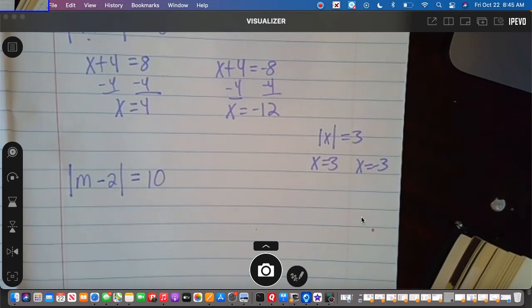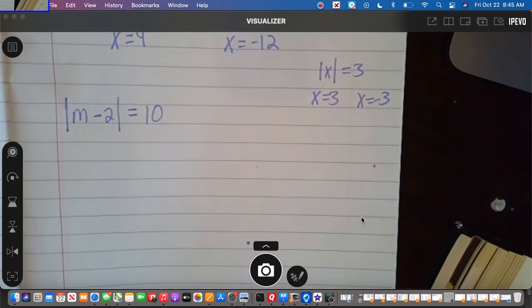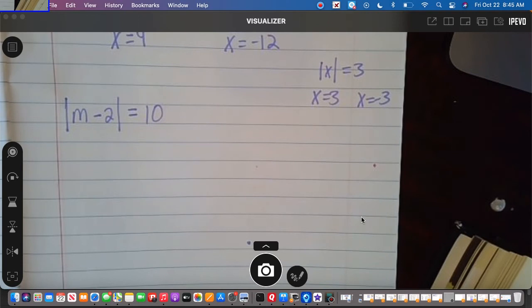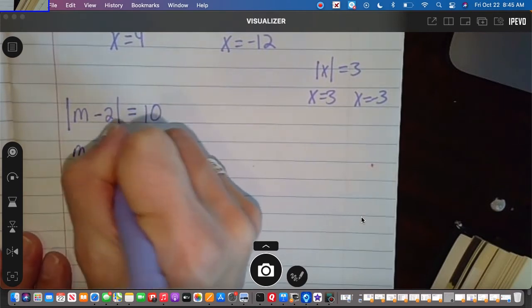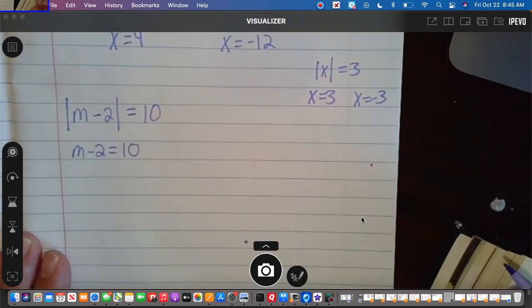Yes, it's equal to a positive number, right? It's not like number 7. Number 7 was no solution. So how do I set my 2 problems up? I have it equal to the positive, and then I set it equal to the negative. So let me do that.